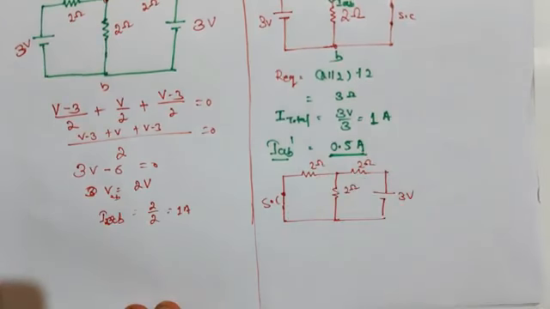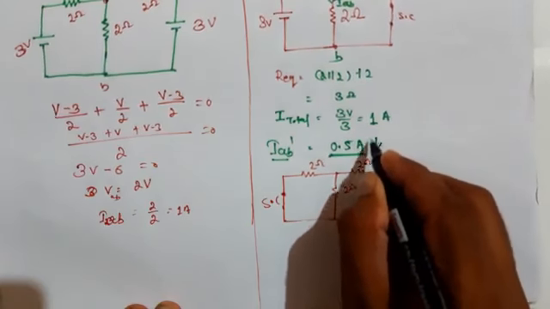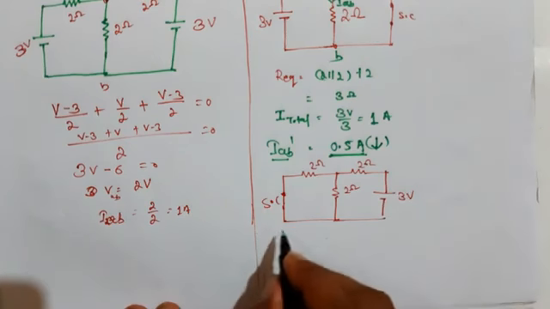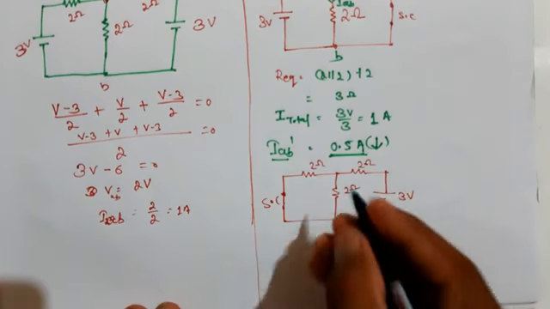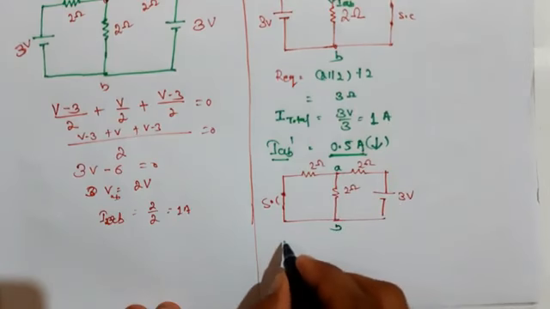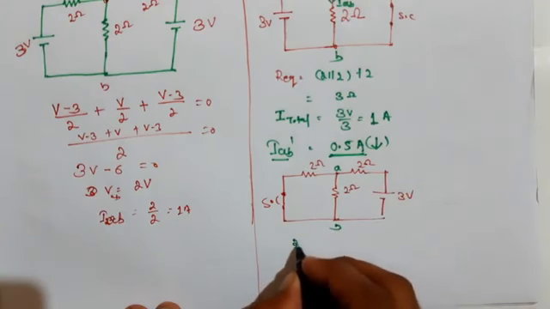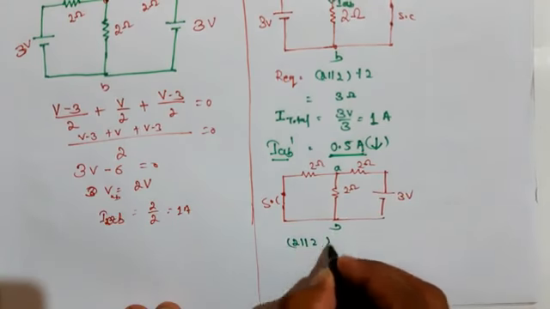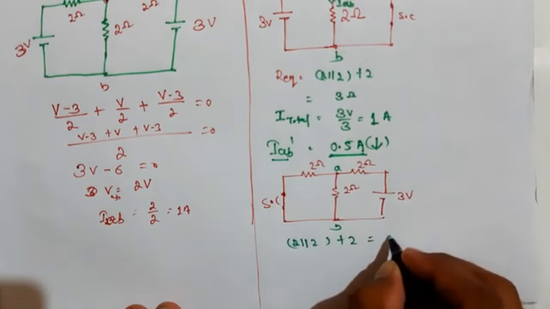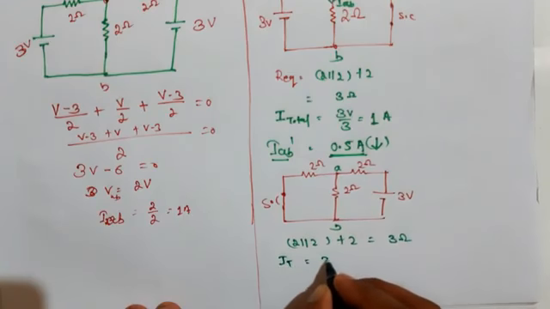In this case, likewise, we consider the current in AB downward. The equivalent resistance is 2 parallel 2, plus 2, equal to 3 ohm. Then the total current I total is 3 by 3, which is 1 ampere.